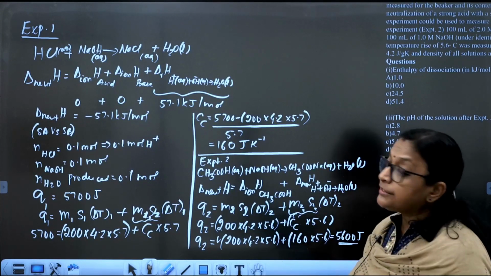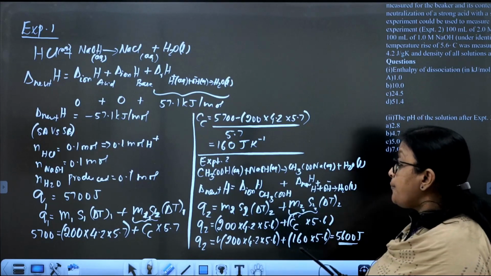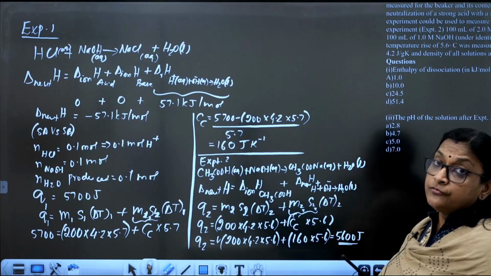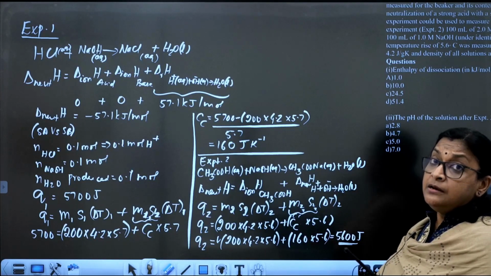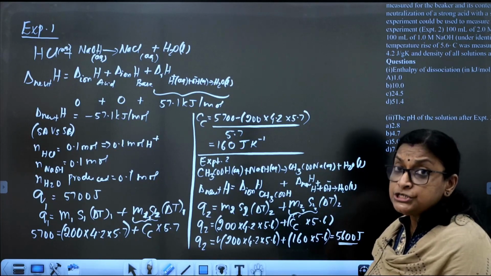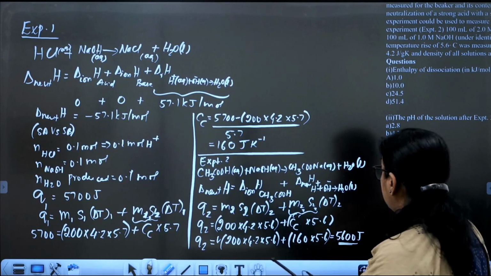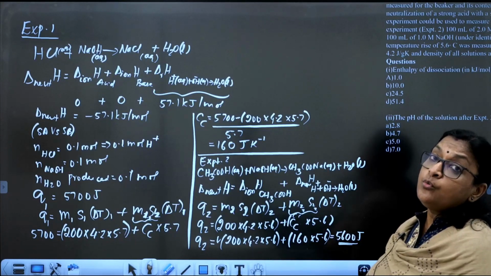This is the value you are getting here, 5,600 joule. So for 0.1 mole water formed, because here again 100 ml 1 molar and 100 ml 1 molar, so 0.1 mole each producing 0.1 mole water. So 5,600 joule for 0.1 mole water formed.